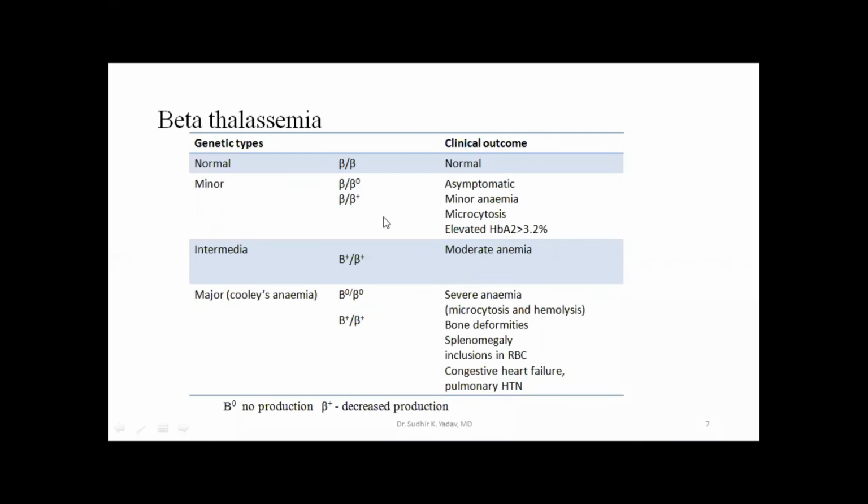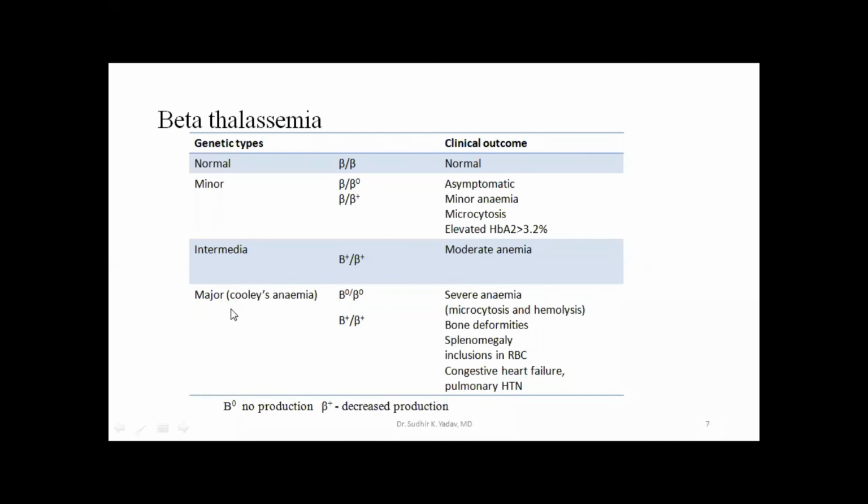In both conditions, these patients usually have mild anemia. They remain asymptomatic, usually do not require blood transfusion, but there is an increase in the total percentage of HbA2. The second type may be the intermediate. It is usually moderate, between the severe form and minor.